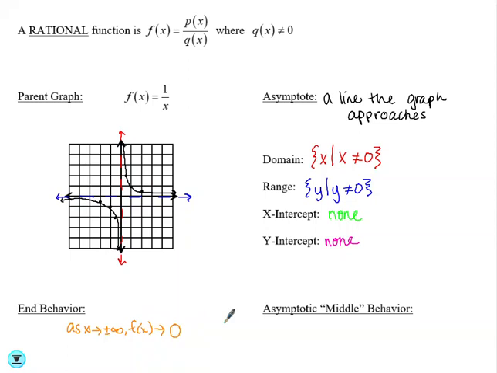A new thing we're going to talk about is asymptotic or middle behavior. What is happening around the vertical asymptote? The way we write this is as x approaches the vertical asymptote, which is 0, then we need to talk about the right side, which is the positive side, and the left side, which is the negative side.